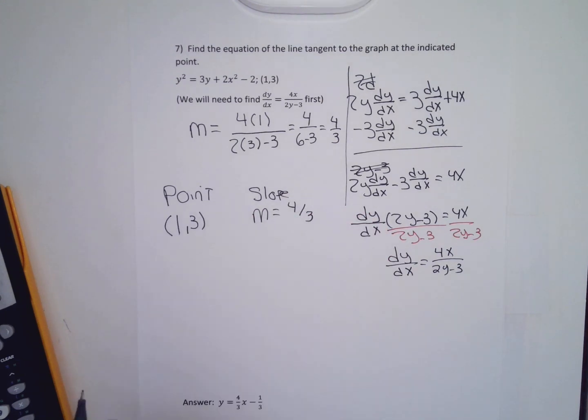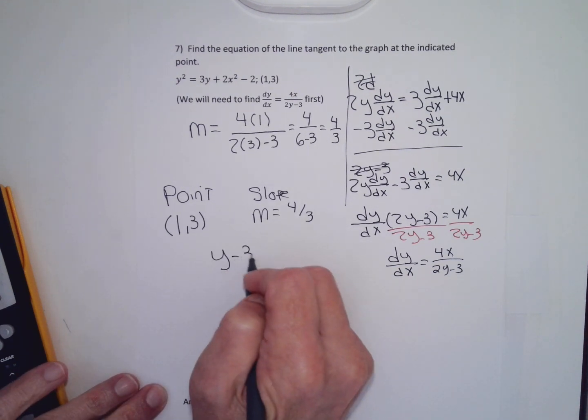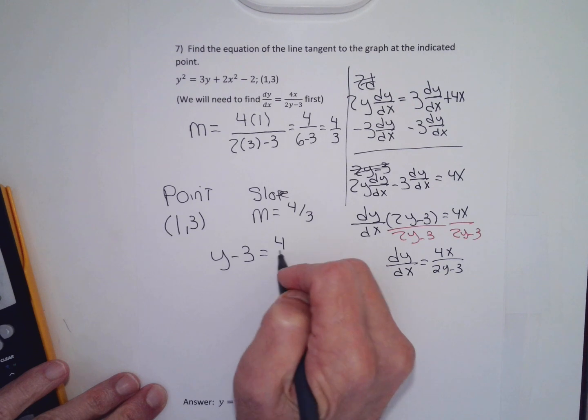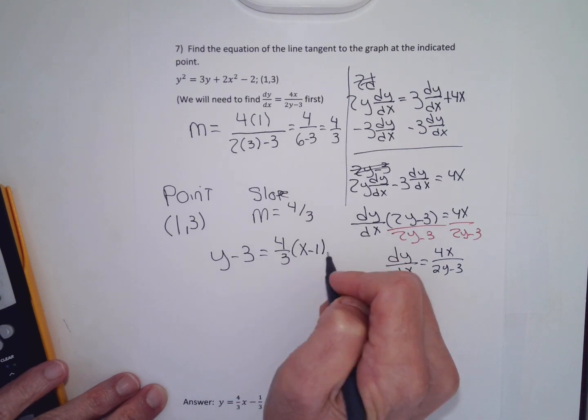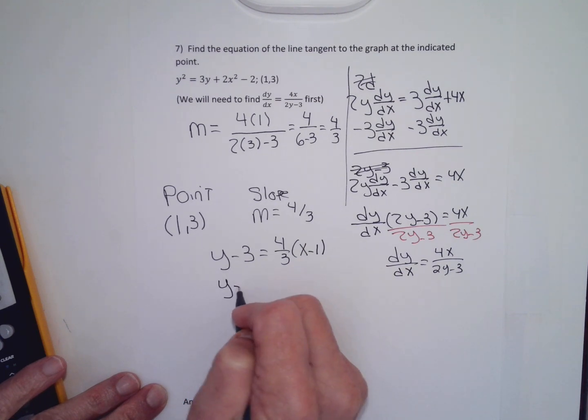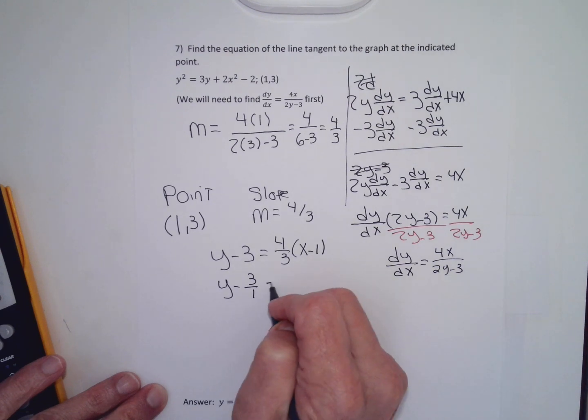So now I'm going to find the equation of the line using y minus the y coordinate of the point equals the slope times x minus the x coordinate of the point. On the right-hand side, it's going to help me if I write the 3 in its fraction form for what I have to do next.